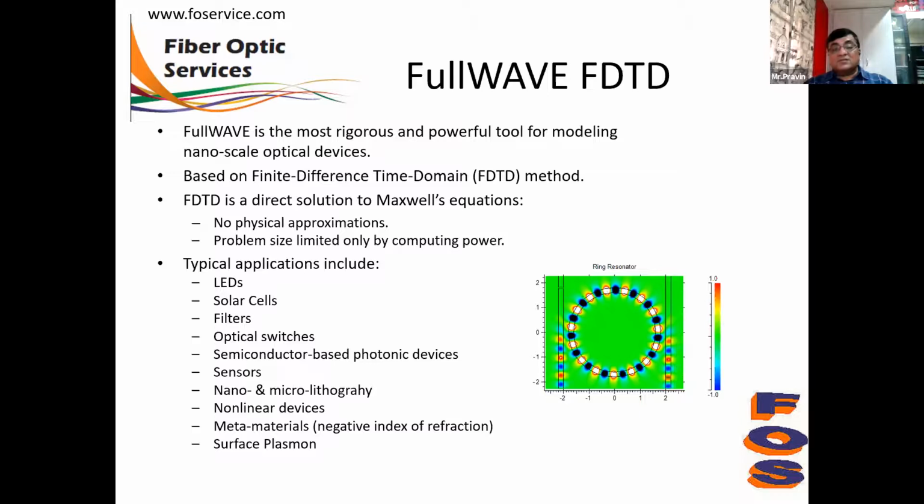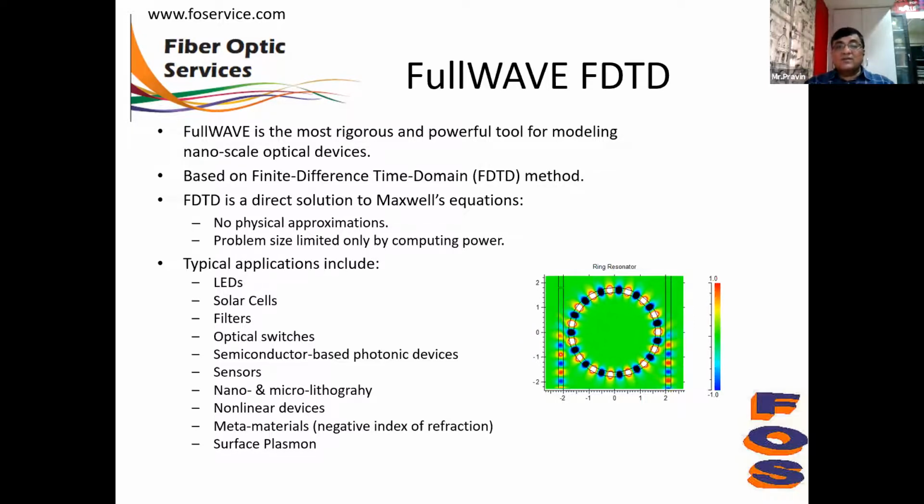The entire structure is divided into so many meshes. And here, in FDTD, the problem size is limited by the computing power. Since it is very computational, it requires very high computational resources, you will need really good resources for the computation.